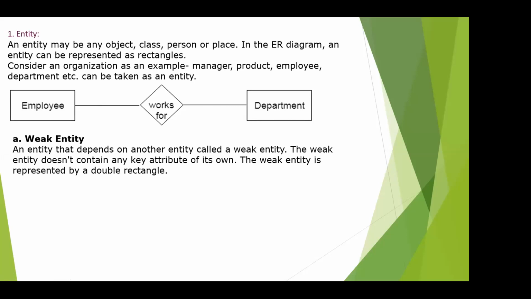And weak entity. When can we say weak entity? If I depend on another entity, suppose a person always depends on another person, that person is called a weak person.